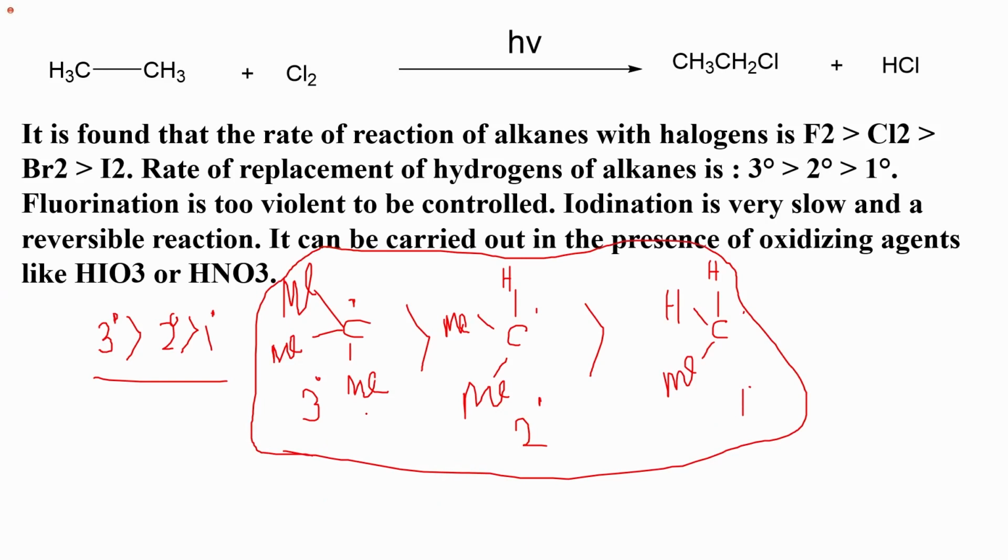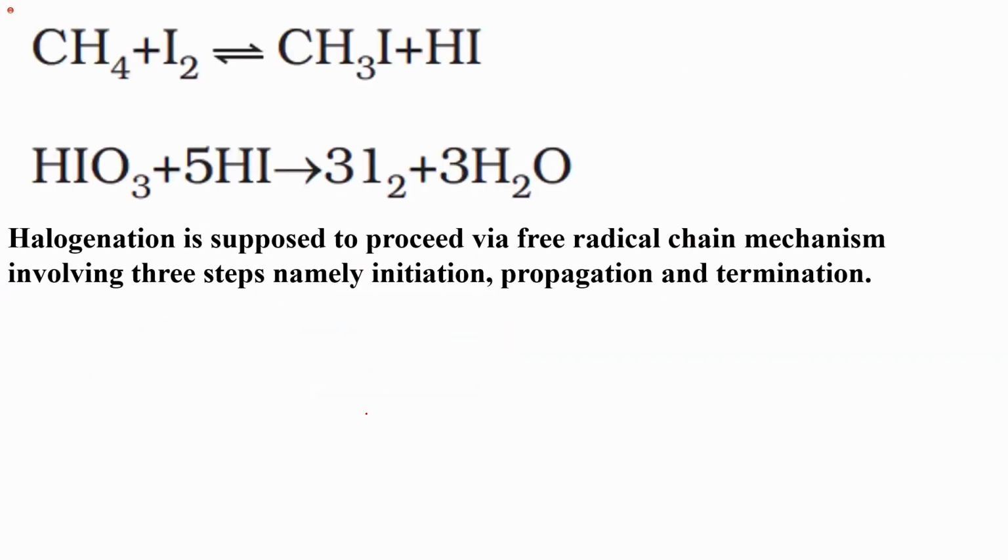Now we'll go to the substitution. As we are saying, iodination is much more difficult because of reversibility. This is actually called a reversible signature. Whenever you see this kind of arrow, it is called reversible. Why? This means the reaction can go in this direction, or again in the reverse direction.